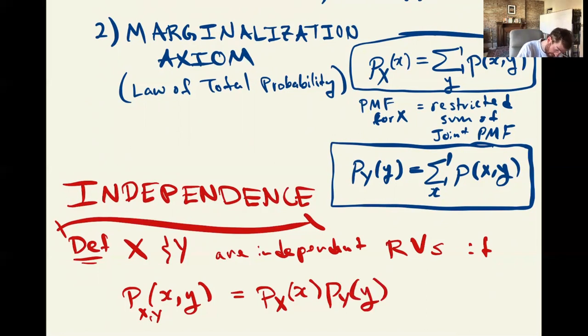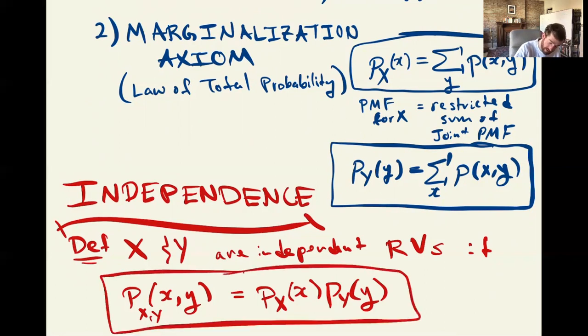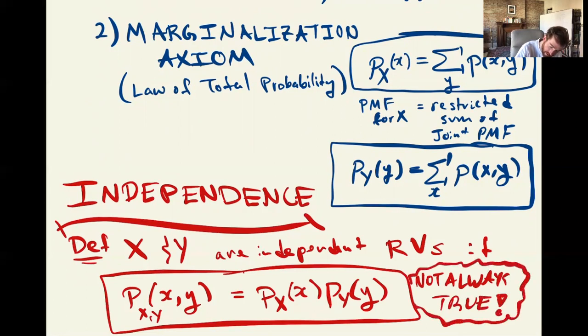So now again, this is not always true. So it's not an axiom. It's a property which we can check when we want to see whether or not two events or two random variables are independent or not.